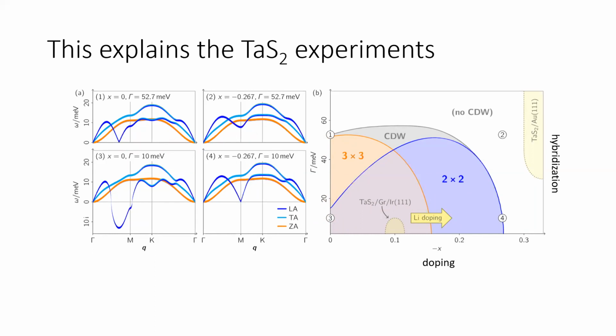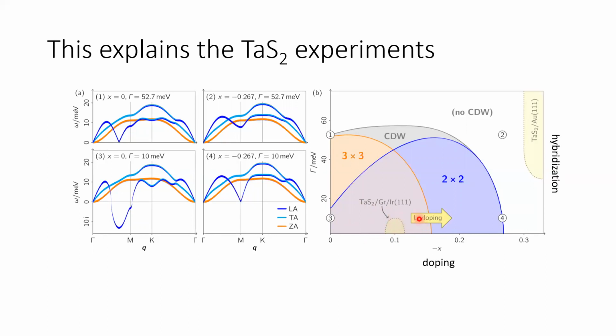At the same time, the system can be doped. Already in tantalum disulfide on graphene on iridium, there is some pseudo-doping of roughly 0.1, but it's possible to add additional lithium atoms to dope the system further.